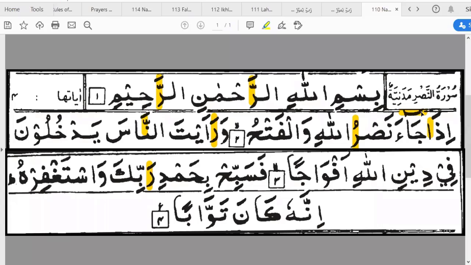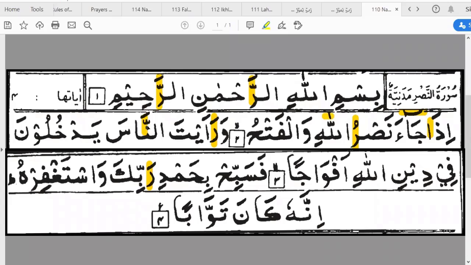Over here, we have the extra long stretch, so we're supposed to prolong the sound for 4 to 5 seconds. Letter Ra is again a thick and heavy letter, so try and keep the sound thick and heavy. Over here, we have a vertical fatha stroke, so again, the timing for that is 2 seconds.